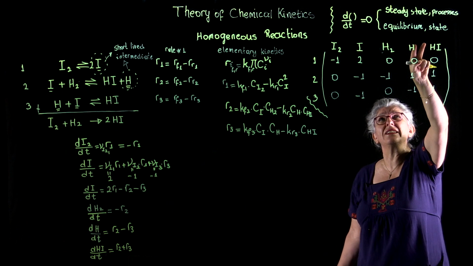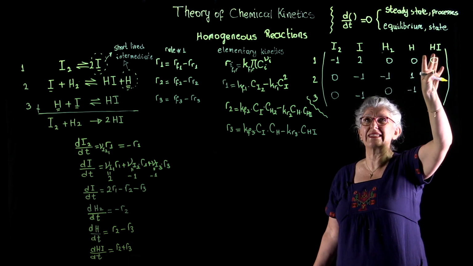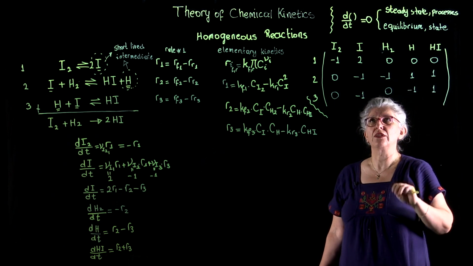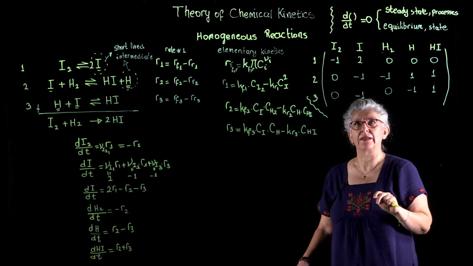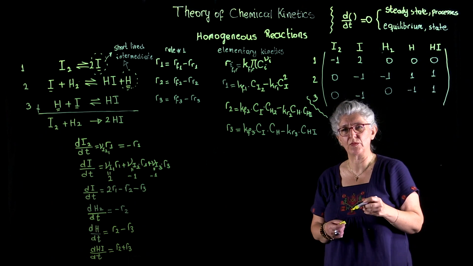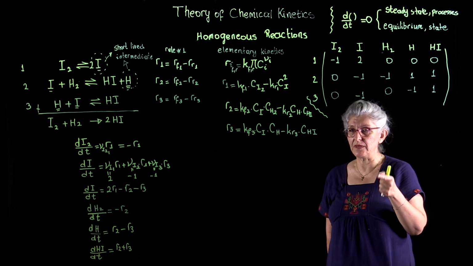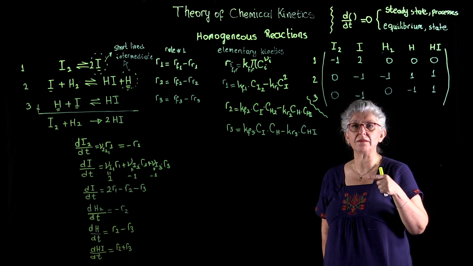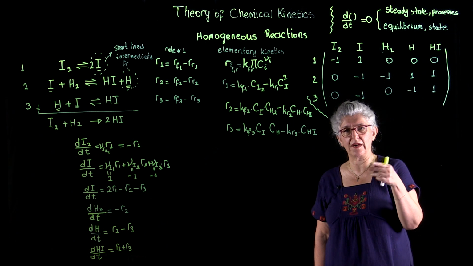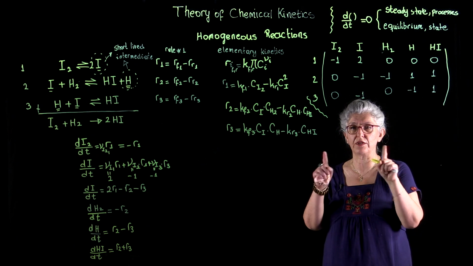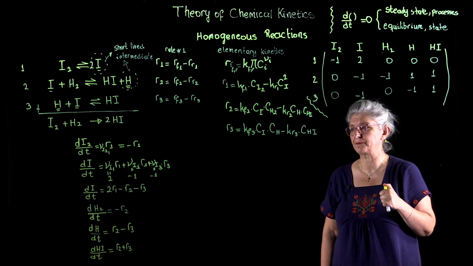So steady state is a process attribute, equilibrium is a state attribute. So when we have time invariance, in other words, parameters are not changing with respect to time, it might mean that we are at steady state. It might mean that we are at equilibrium. Whether it is at steady state or at equilibrium depends on whether we are looking at a process or we are looking at a state.